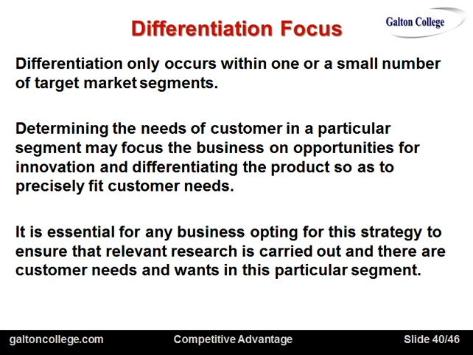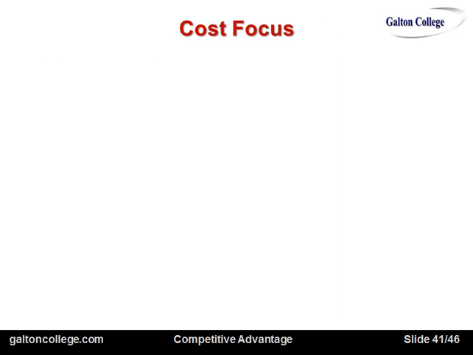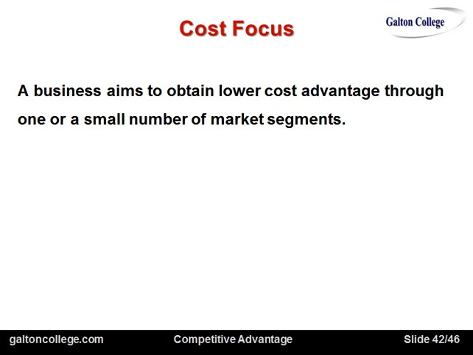Now let's look at the cost focus in terms of competitive advantage. Well, a business aims to obtain lower cost advantage through one or a small number of market segments. So it may look at a market segment and attempt to lower its costs within that segment to try and gain sales there.